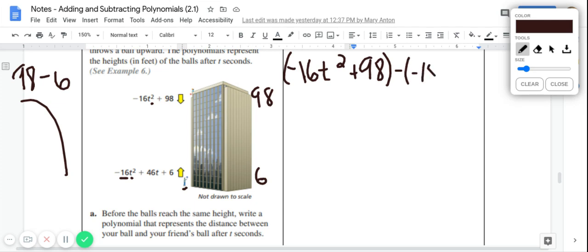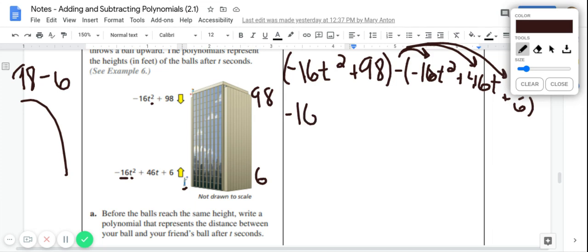minus negative 16t squared plus 46t plus 6. Okay, so now we're going to distribute the negative to each term.